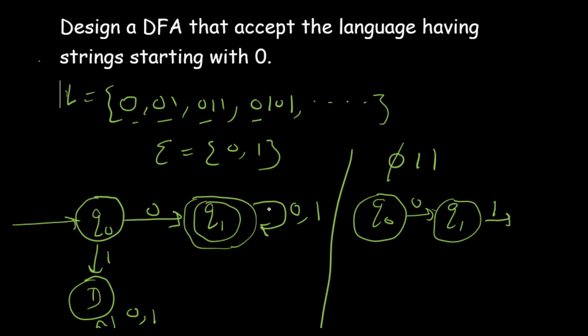On q1, if we get 1, we will remain on the state q1. Again we have 1, and again on getting 1 at q1, we remain on the state q1. In the last we are at q1. So this shows that this string will be accepted by the automata.